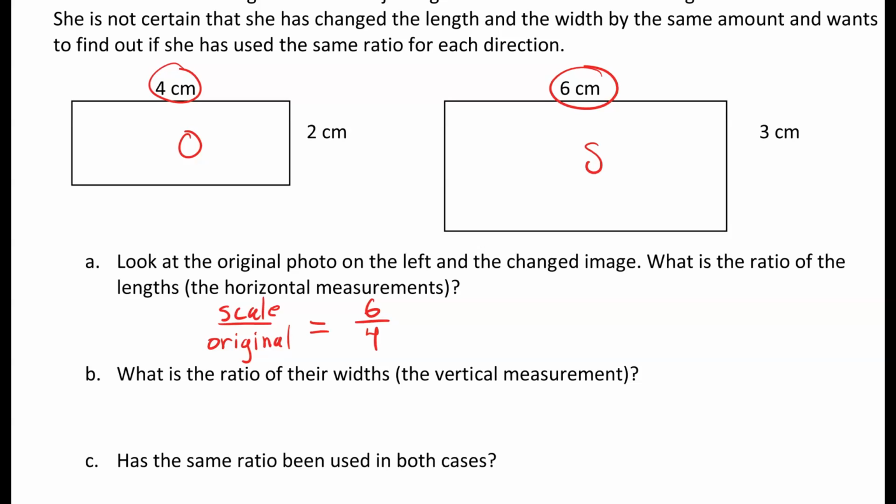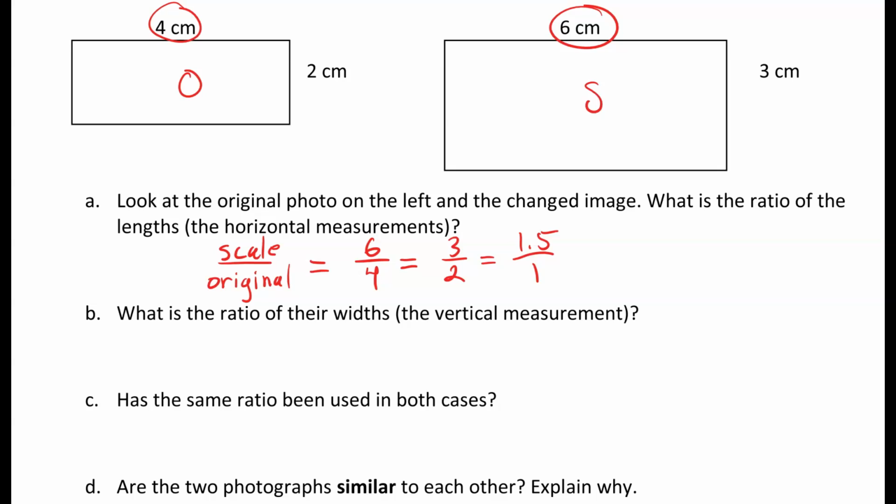And we want to make sure that this is the exact same for our width. Well, we have 6 over 4, and we can reduce this to 3 over 2. We could also take this further and reduce this to 1.5 over 1.